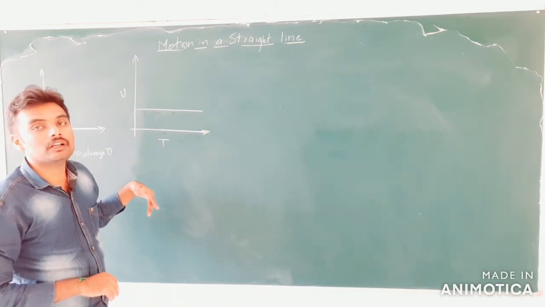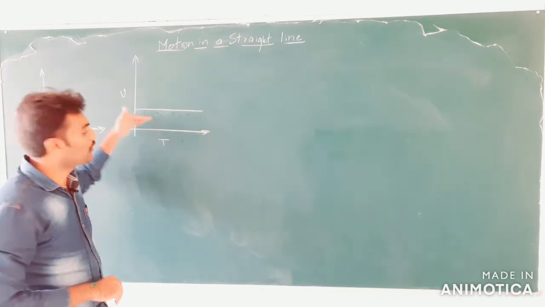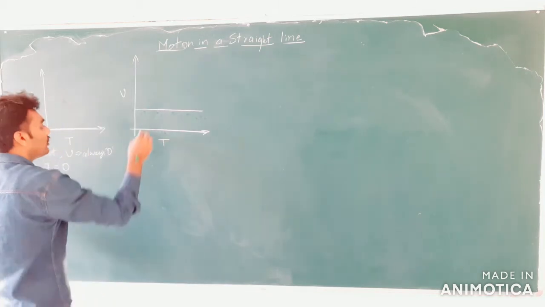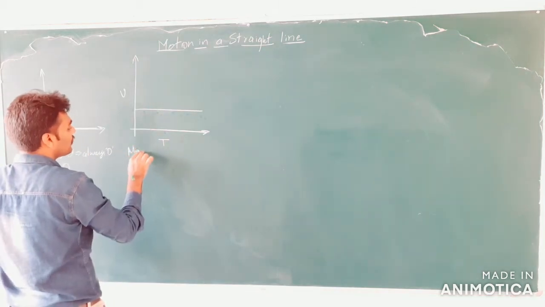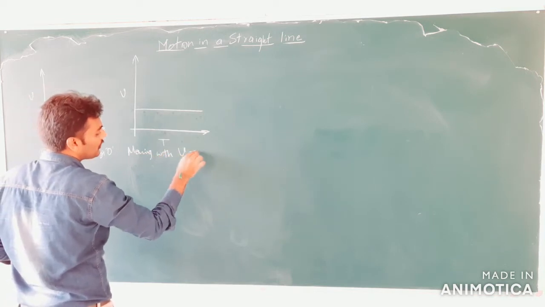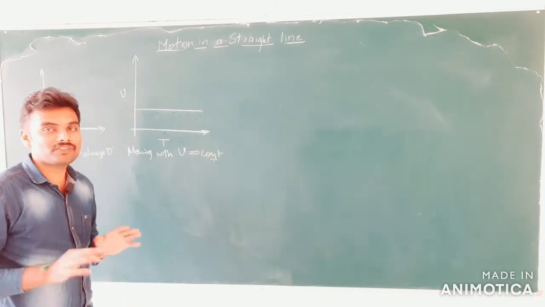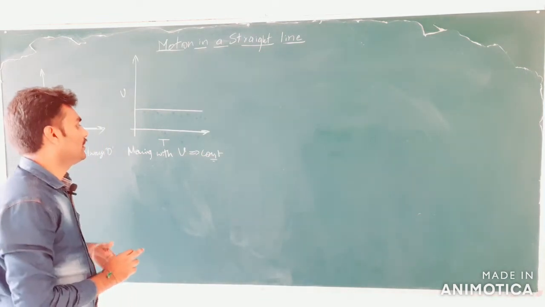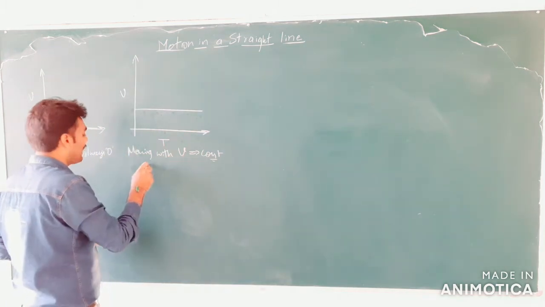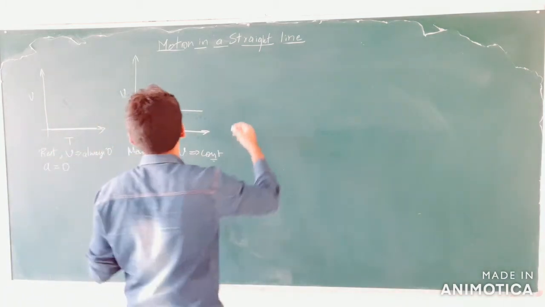After any interval of time I observe the body, its velocity is always 50 meter per second. The same value is maintained. So the body is moving with constant velocity. V is constant, which means velocity is not changing. And as long as the velocity is constant, acceleration is again 0.